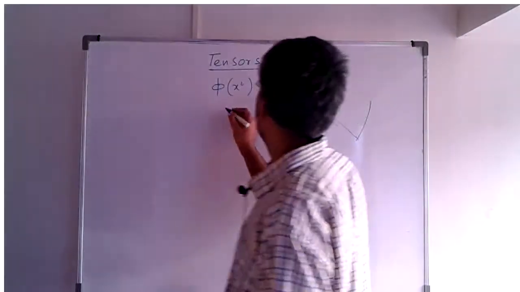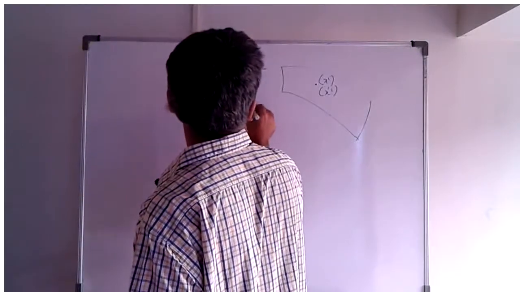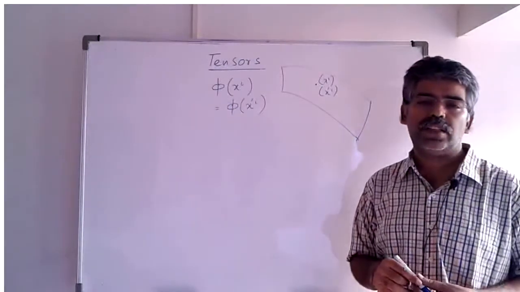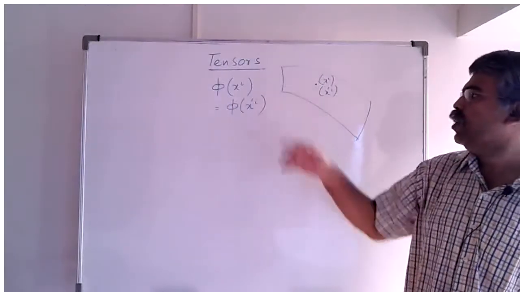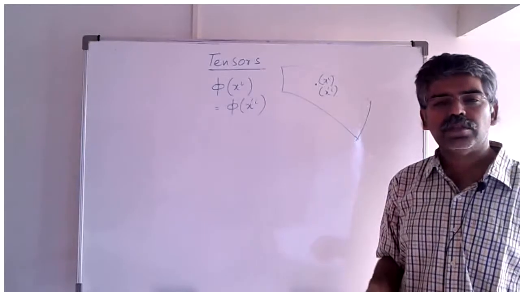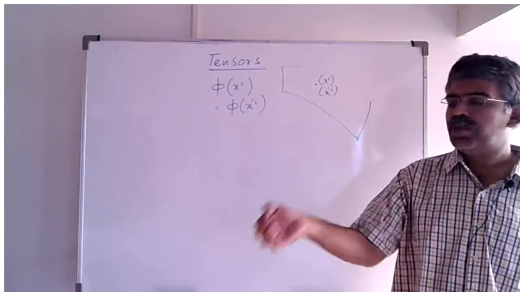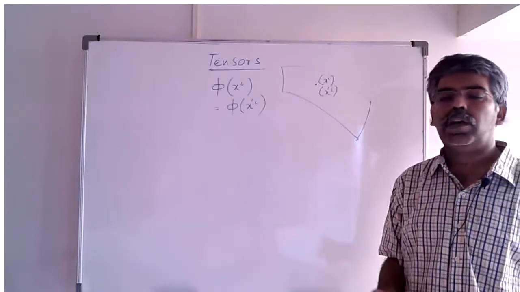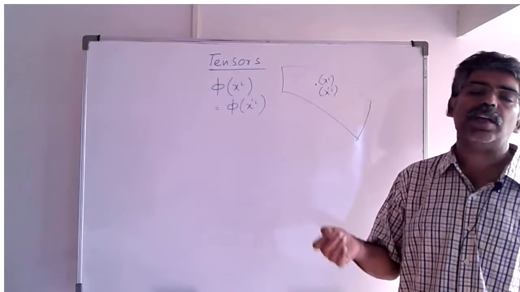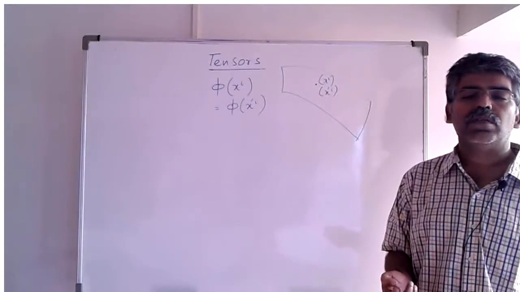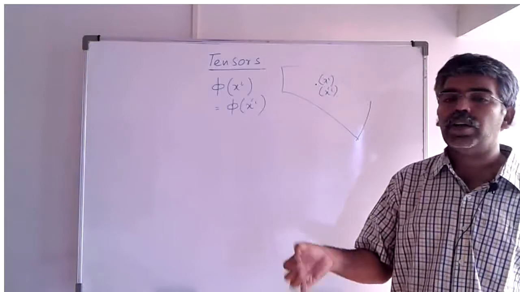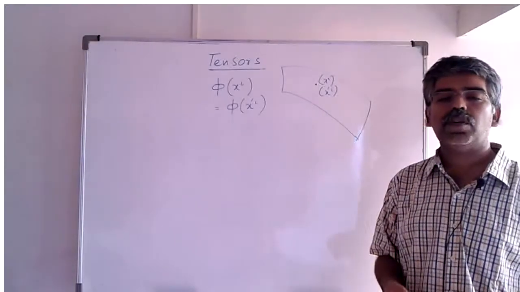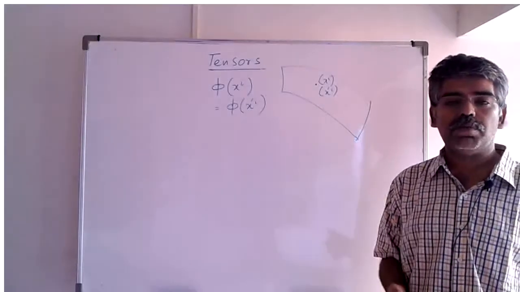So if it is a scalar field, that means it must be the same, right? What is a scalar? If you transform the coordinates, a scalar doesn't change. Suppose you have a temperature at a particular point, or the luminance at a particular point. Whether you represent that point by Cartesian coordinates or spherical polar coordinates, the luminance or the temperature doesn't change.